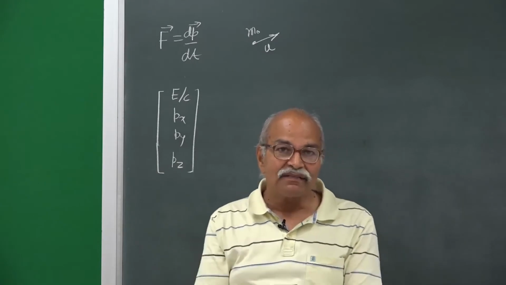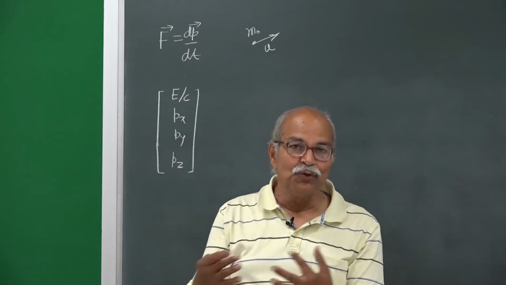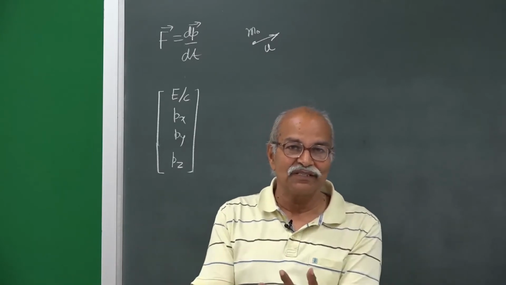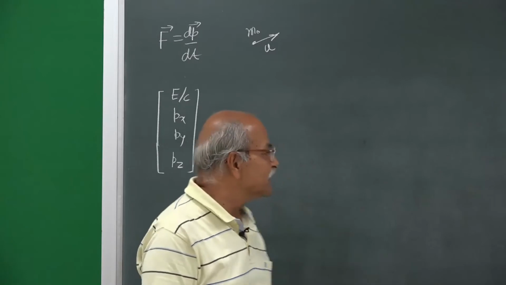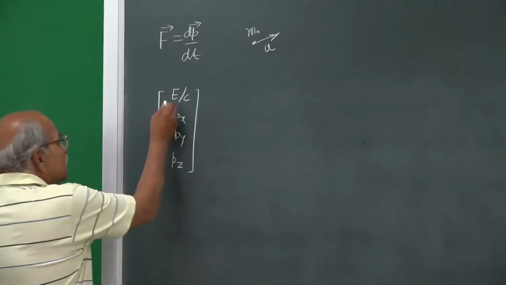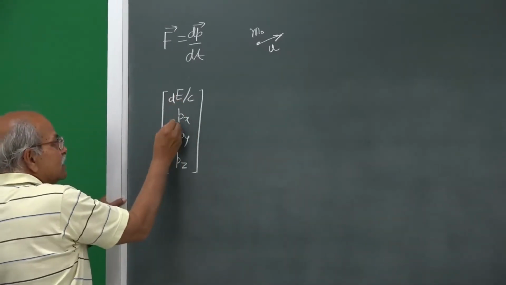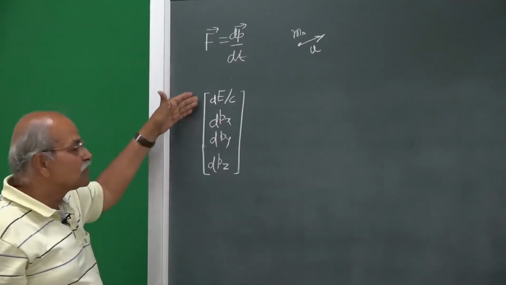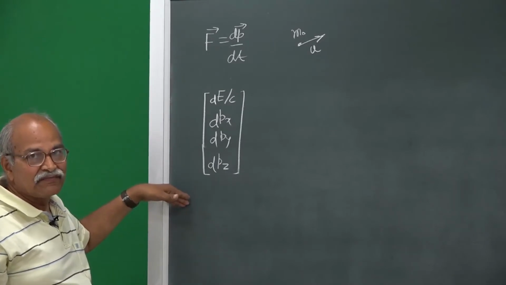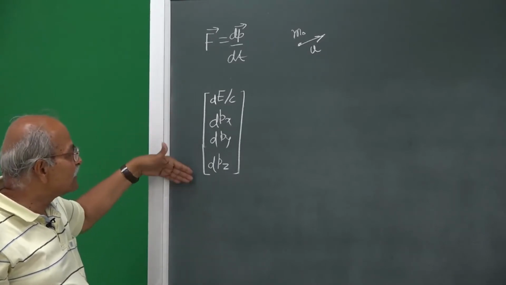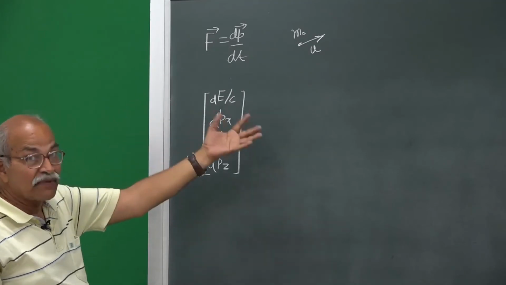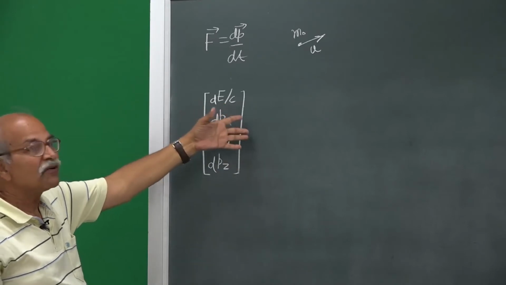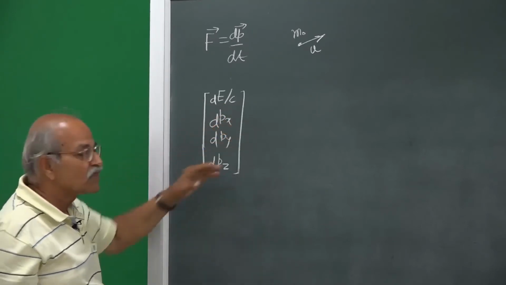And the difference of two 4 vectors is also a 4 vector, in the same spirit as addition, and therefore, if I write dE/c, dpx, dpy and dpz, this also forms a 4 vector. And since this forms a 4 vector, as you go from S to S prime, it will transform according to the Lorentz transformation equations.